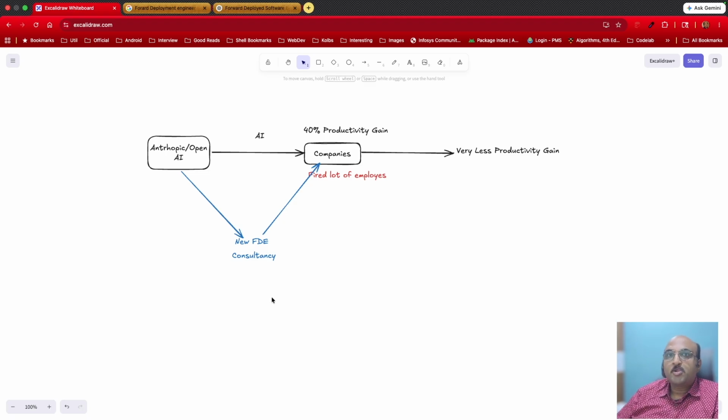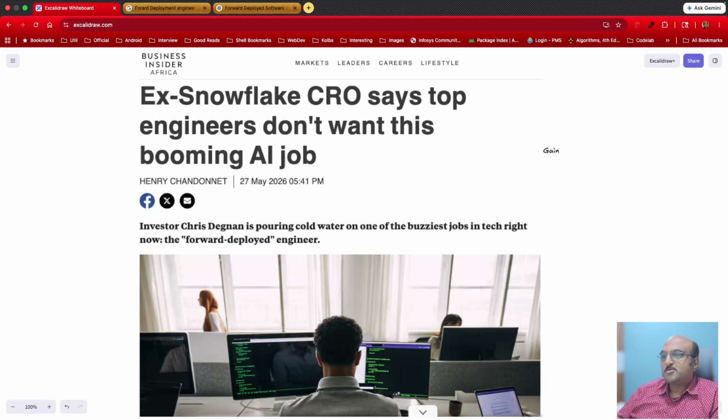Why are they not calling it software engineering? Because I think there is something like an irony. They keep saying that there's no need of any software engineers, but then they are actually hiring these software engineers. It looks ironic to call them software engineers, and that is why they are calling these people FDEs. Someone is saying that this is like a very glorified consulting service for the AI field.